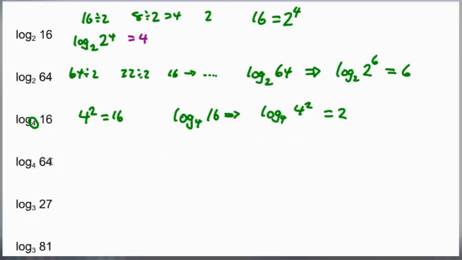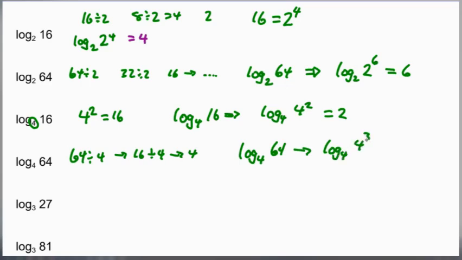Oh, log base 4 of 64. So let's see. 64 divided by 4 is 16. Divided by 4 takes me to 4. So log base 4 of 64 is the same thing as log base 4 of 4 cubed. The answer is 3.